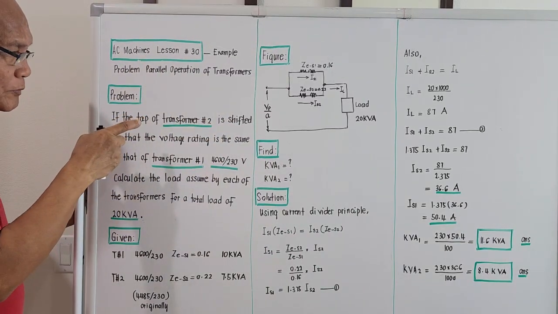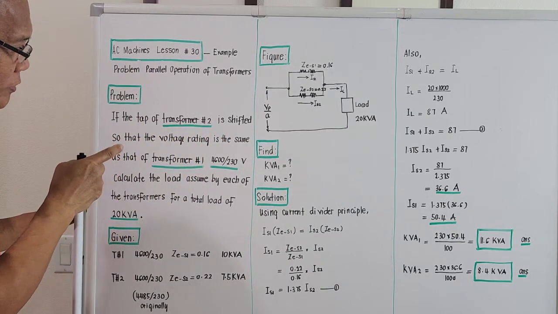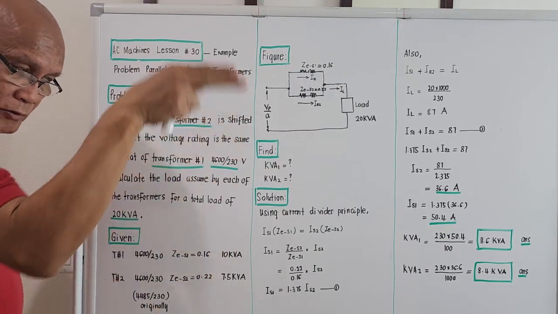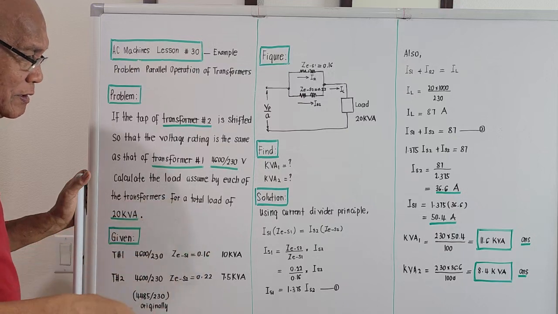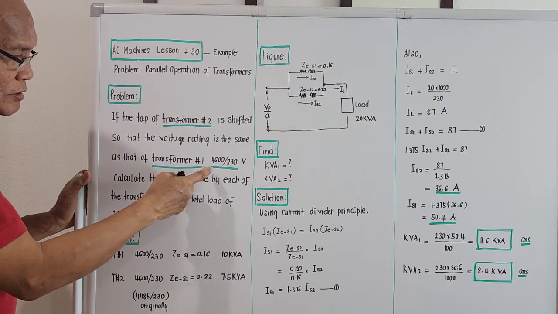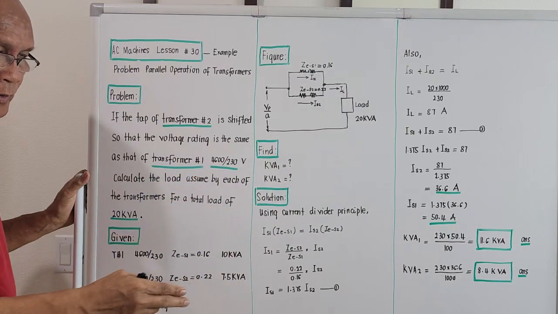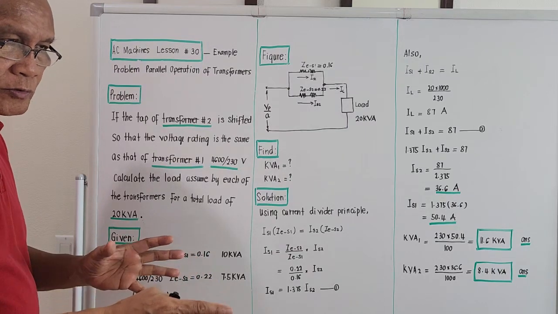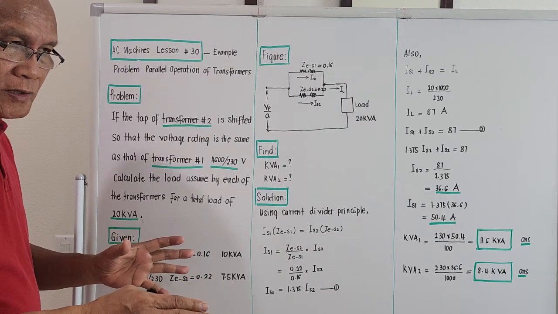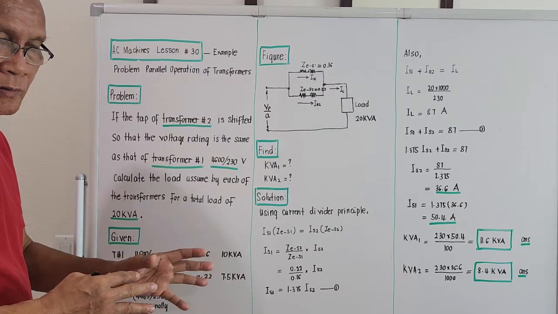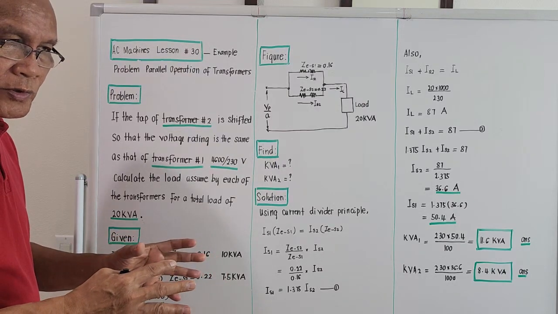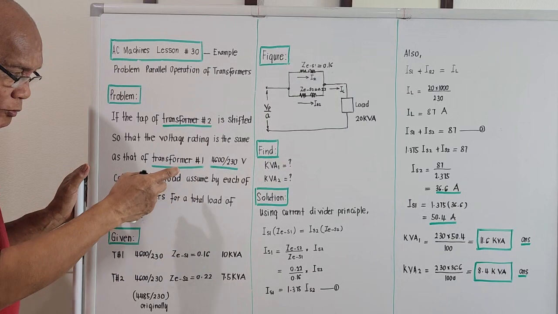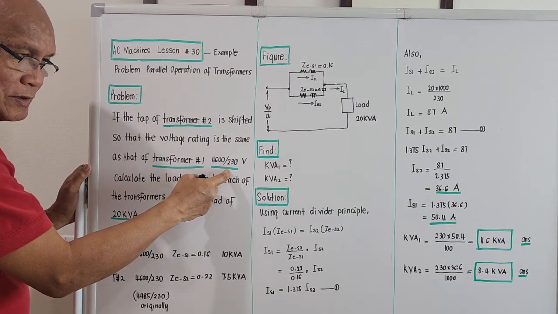If the tap of transformer number 2 is shifted so that the voltage rating is the same as that of transformer number 1, referring to the last problem under lesson number 29, which is 4600 over 230, meaning if we change the voltage specification of transformer number 2, the tap of transformer number 2 is adjustable, so we could change the voltage specification to become 4600 over 230.